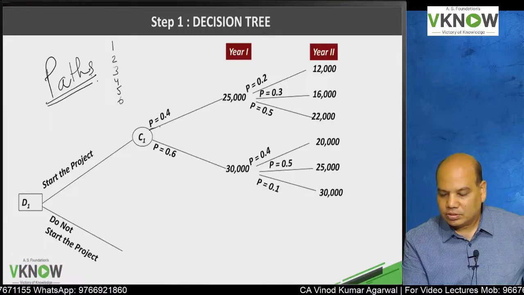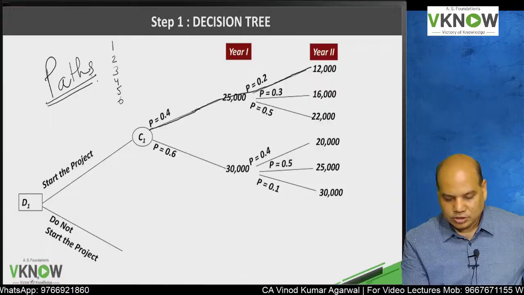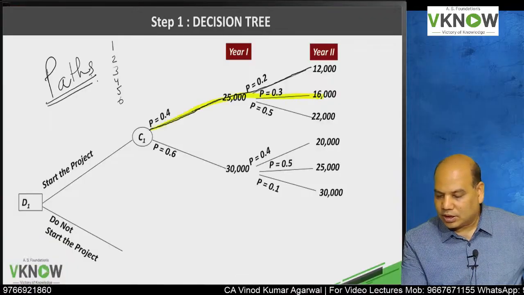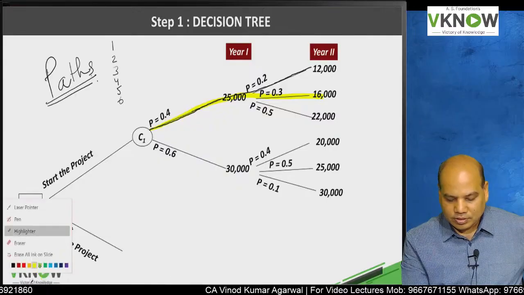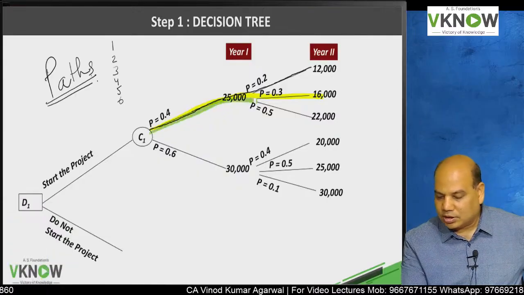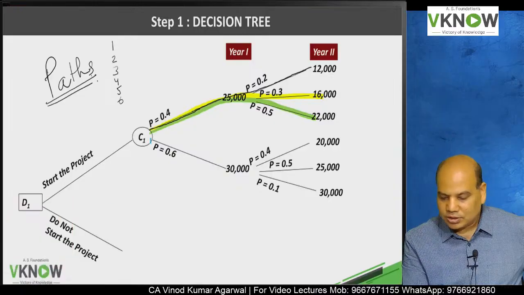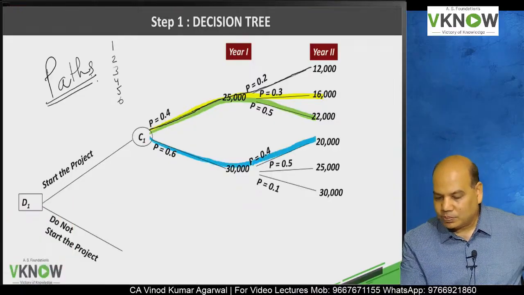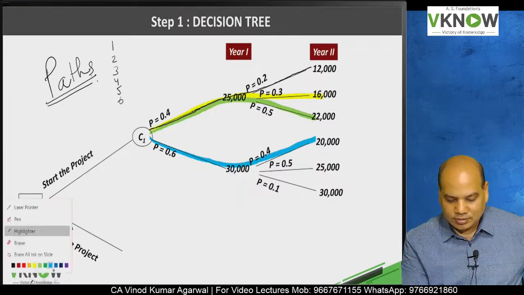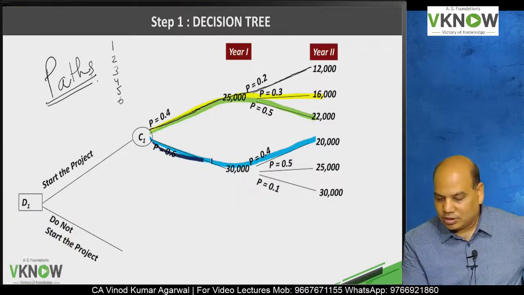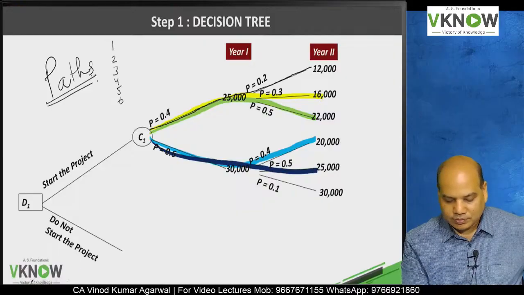See, this is one path. Then this can be the second path. Then this can be the third path. Then the fourth path. Then the fifth path.